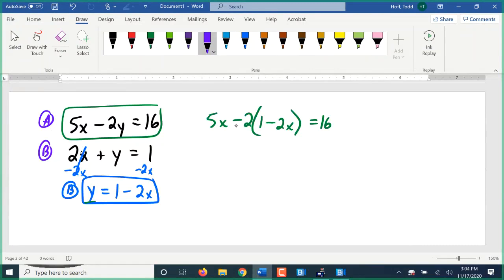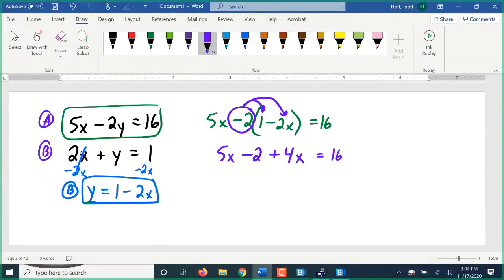So now we have to combine what we can on the left side. We see the parentheses there. Nothing to do in the parentheses. So we're going to multiply by the negative 2. So we keep the 5x. Negative 2 times 1 is a negative 2. Negative 2 times a negative 2x, and negative times negative is a positive 4x.